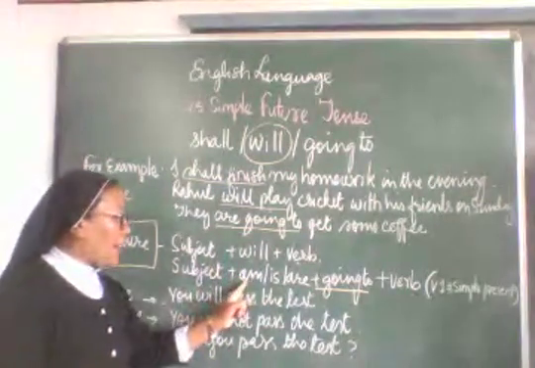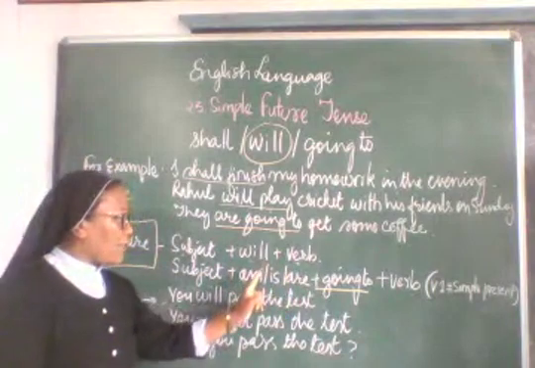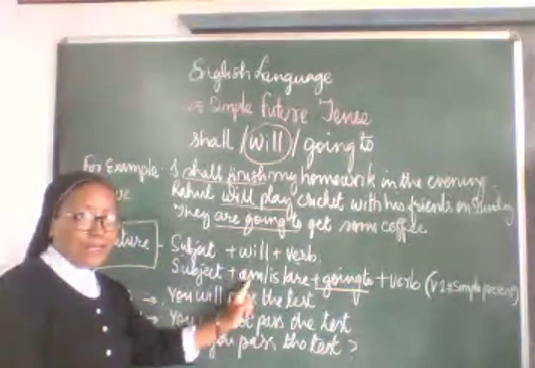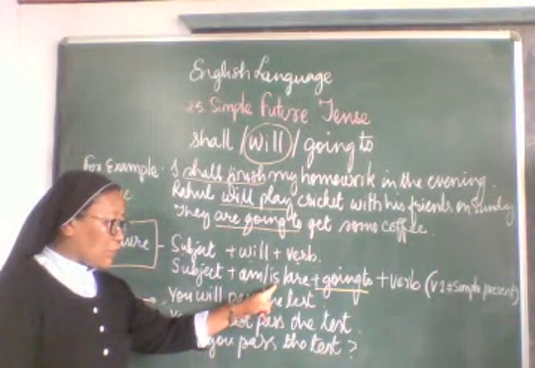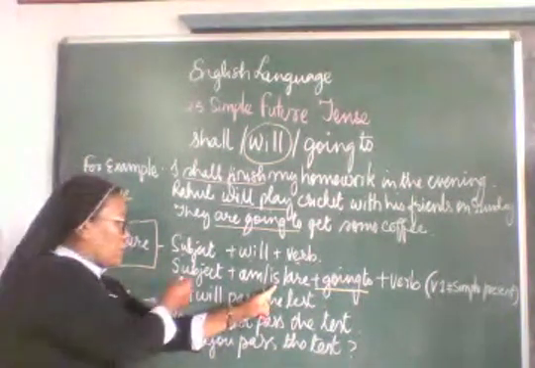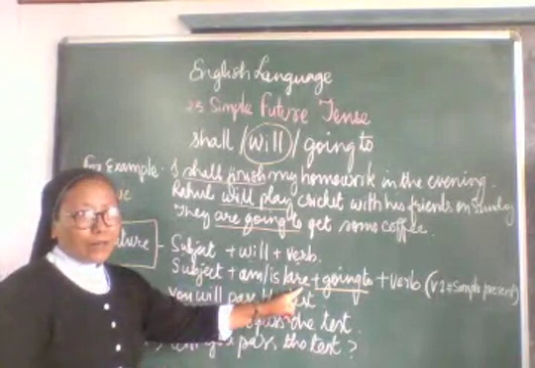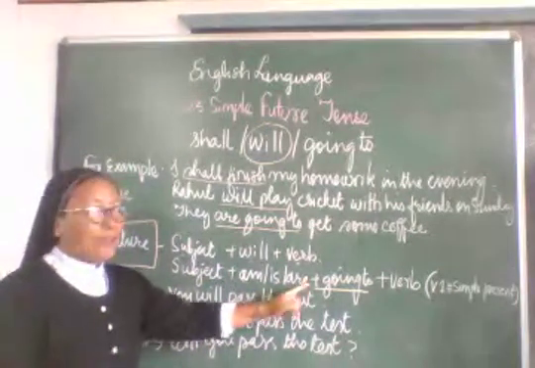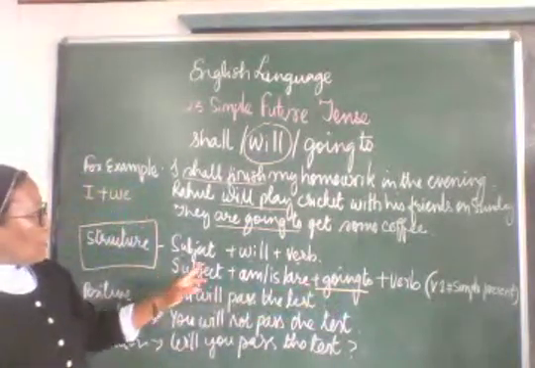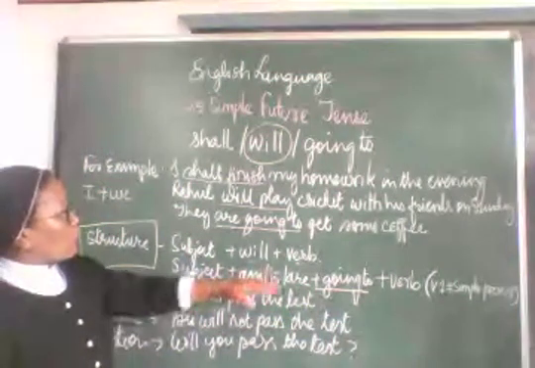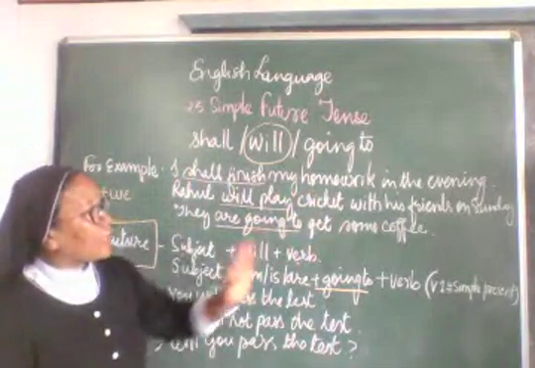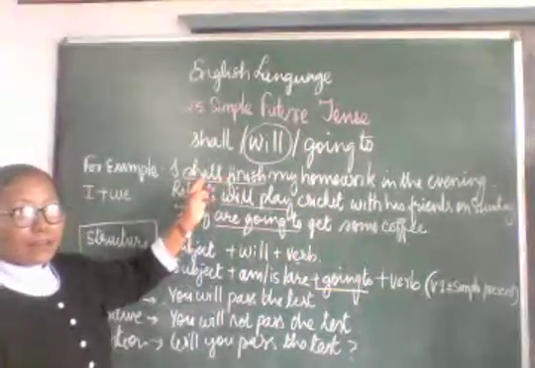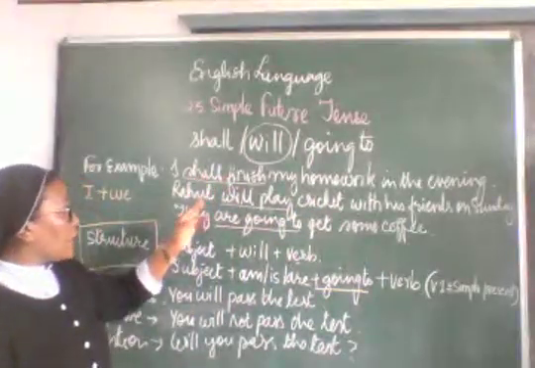So here you can see am, is, or are. Am I use for I, and is for a singular subject, and then are for the plural subject, and going to. Here, I can say like this, I am going to finish my homework in the evening, instead of shall. I am going to finish my homework in the evening.